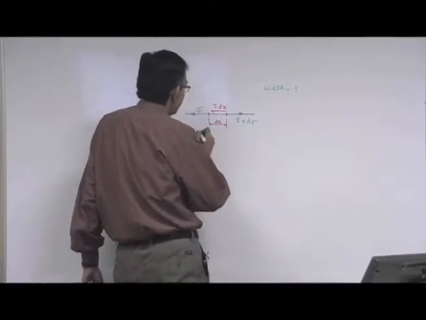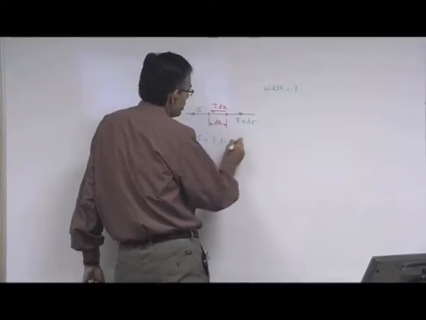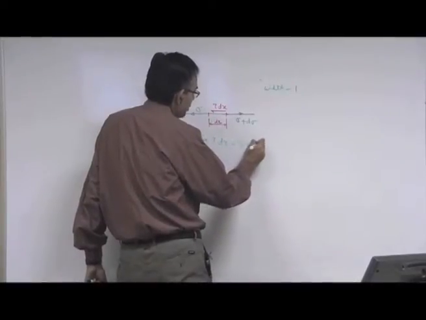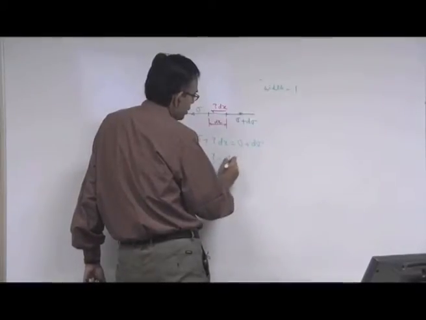So from the force balance, sigma plus tau dx is equal to sigma plus d sigma. That means tau is equal to d sigma by dx.